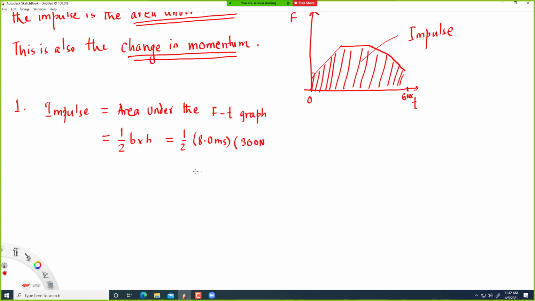Now, in order to express this in Newton second, this is in Newton, this is in second, we want to convert milli to seconds. So always change millisecond to second. 1 millisecond is 1,000th of a second, so you need to divide this by 1,000 to get seconds.